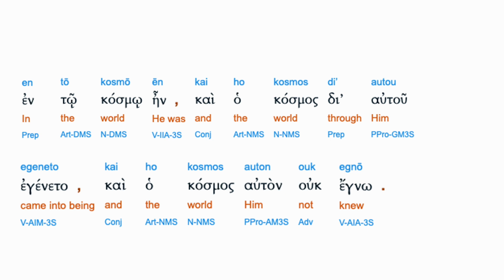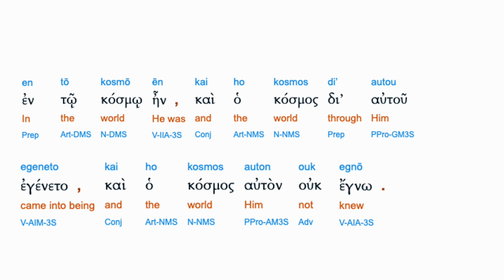Well, in that case, the world has gone into the nominative because it is doing a verb, egeneto, coming into being. Now, if you see in the word egeneto, you've got gen. It's got an epsilon at the start because it's in the past tense, and that's what happens when verbs go into the past tense in the indicative mood. They have an e on the beginning. But gen is as in Genesis, a word that comes back in quite a lot of forms: egenometha, egeneto, ginomai, geneste, all sorts of different forms of that word.